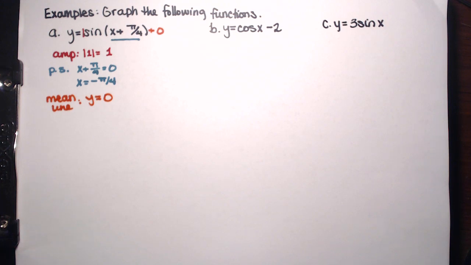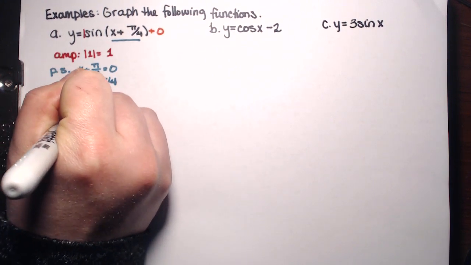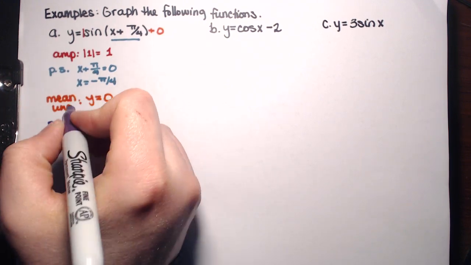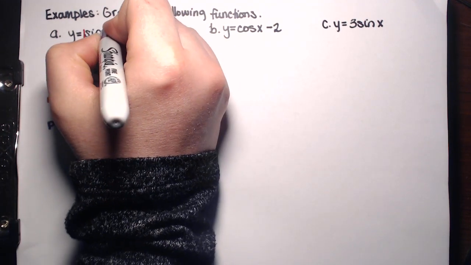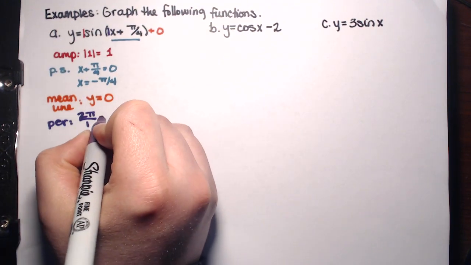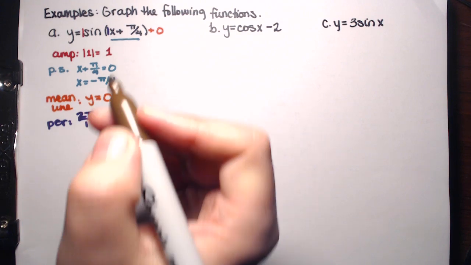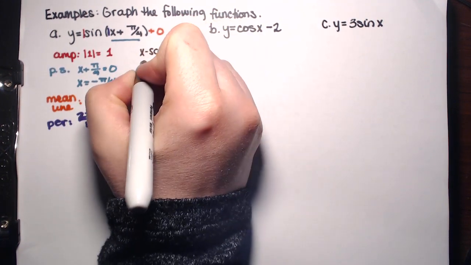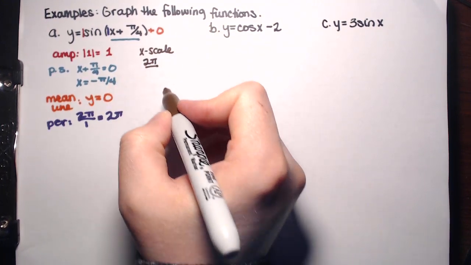And then the period is 2 pi divided by that b value. Now the b value technically is just 1, so the period here is 2 pi. And then we can look at an x scale, where you take the period and divide it by 4.